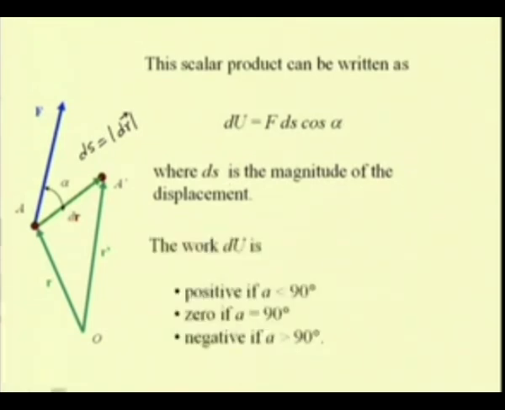So, we can see a few specific cases. What happens to this work du if this angle is less than 90 degrees? The projection of the force along dr is positive, and so the work done, or this quantity F ds cos alpha, is also positive.